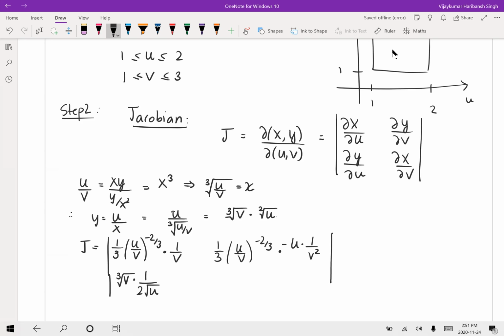Sorry, the order should be x and y here. And then we have the partial derivative of y with respect to v, which is going to be 1 by 3 v to the power minus 2 by 3 times the square root of u. So now we need to compute this Jacobian.